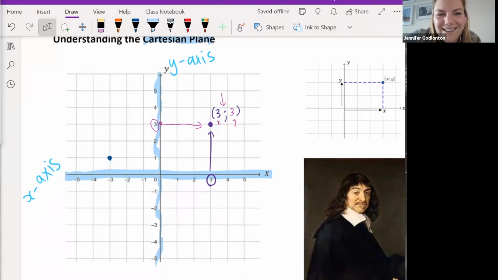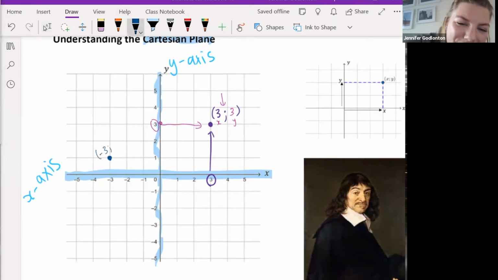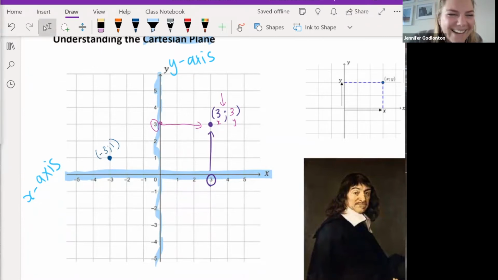Ma'am, I think it's brackets -3, 1. Beautiful. Yes. Well done, Maya. That was so great. So do you see what we're doing here? We have it in brackets, we have our semicolon, we've put our X value, and then we have put our Y value.